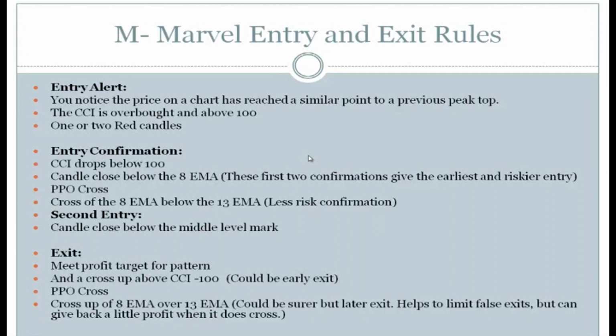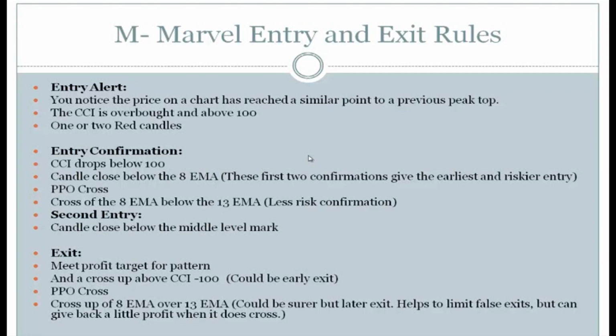The second entry in this trade could be when a candle closes above the middle level of the M. Exits now are when it meets your profit target for the pattern.